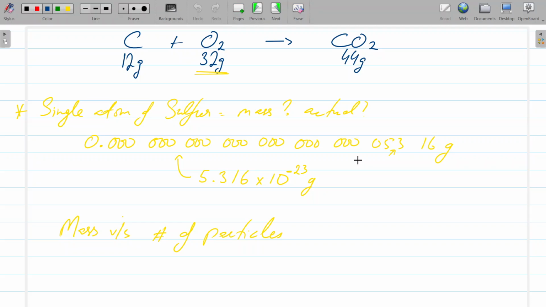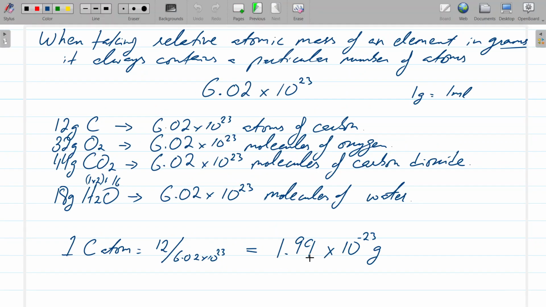So if we compare those, because sulfur has a relative atomic mass of 32, we'd expect a single atom of sulfur to weigh more than a single atom of carbon, right? So sulfur is heavier than carbon, isn't it? Yes. And so given that scale, 5.316 into 10 to the minus 23 grams for a single atom of sulfur, and compare that to 1.99 into 10 to the power minus 23 grams for a single atom of carbon. Now that makes sense, doesn't it?